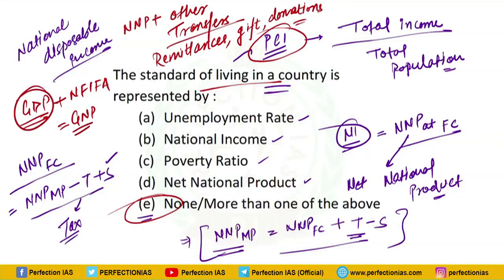GDP stands for gross domestic product, GNP stands for gross national product. Now GNP minus depreciation will be NNP. So now we can find out the relationship between GDP, GNP, NNP at market price, NNP at factor cost, and so on.